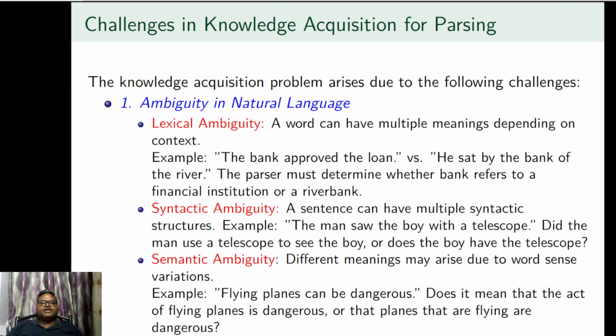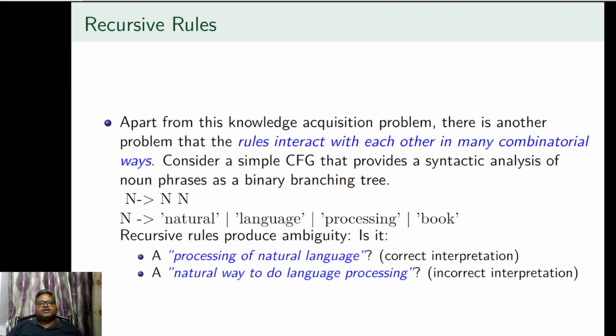And not only that, when we have different rules, they can combine with each other and they can form a number of parse trees in an exponential way. For example, if you see one grammar here, noun is formed by noun and noun. That noun is "natural language processing book." So what is the ambiguity here?